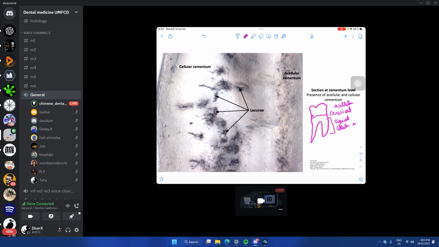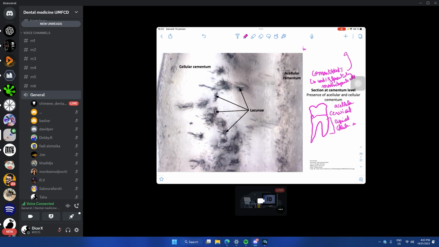The cells that are responsible for the formation of the cementum are the cementoblasts. If your professor asks you, the cementoblast comes from the undifferentiated mesenchymal cells in the connective tissues of the dental follicles.